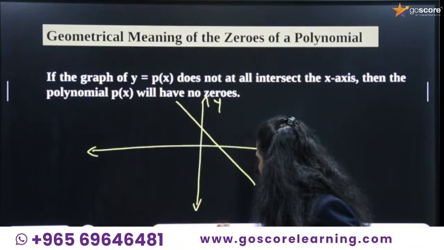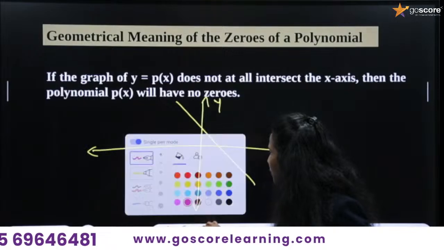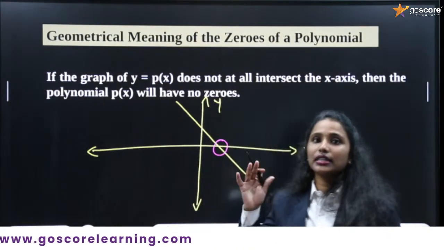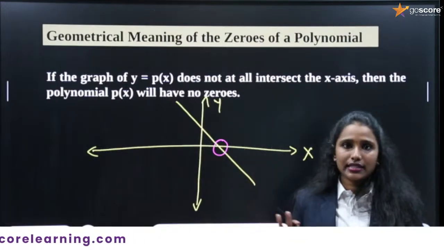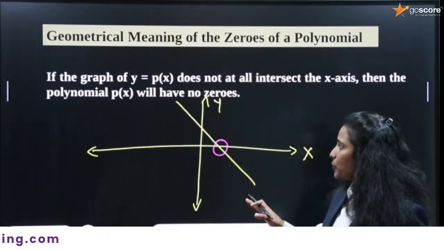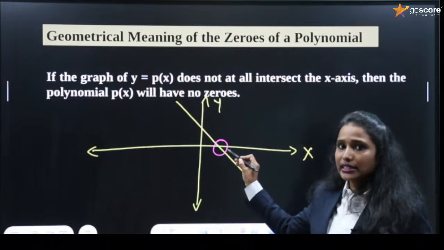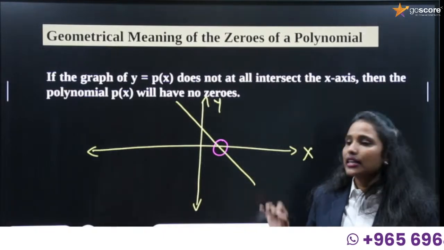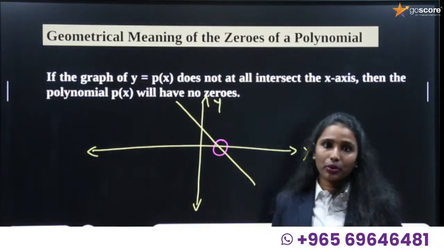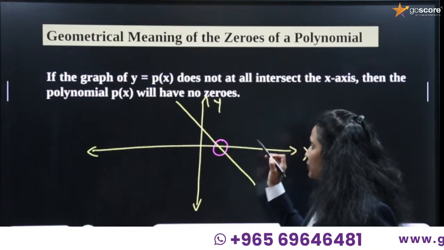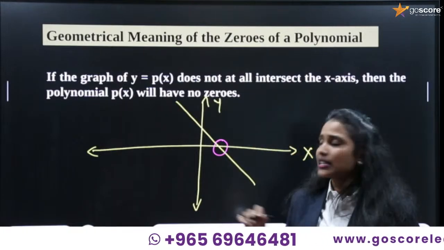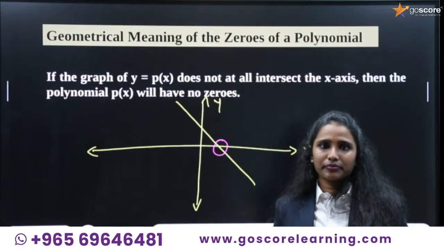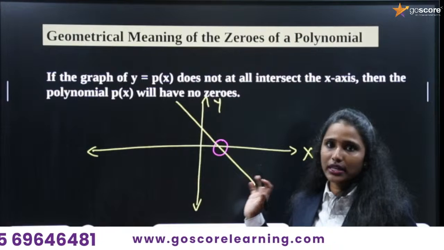Then the zero of that polynomial will be where the graph cuts our x-axis. In a linear polynomial, the x-coordinate of this intersecting point is the zero of that polynomial. Clear? If it is a linear polynomial, it will cut once. It is a line, so it will cut the x-axis once. So it will be 1 zero.